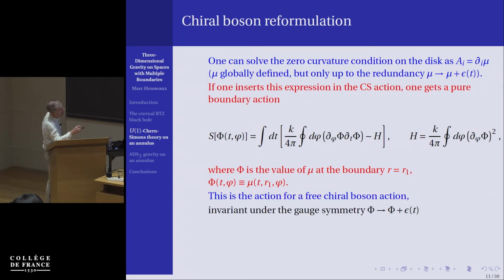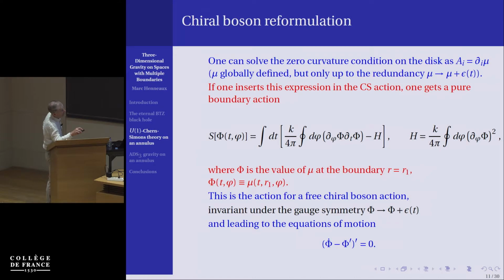And this is a chiral boson because it leads to the equations of motion, as you can see by varying with respect to phi, that phi dot minus phi prime is equal to 0, or rather phi dot minus phi prime is equal to a function of time, but that's precisely the gauge invariance of the system. So of course, if you don't fix the gauge, it's normal that you get that. You can see directly on this form of the action that indeed the redundancy that I mentioned appears as a gauge symmetry.